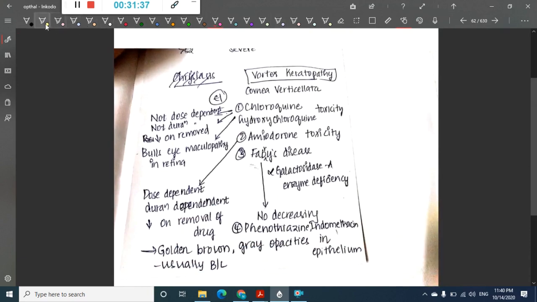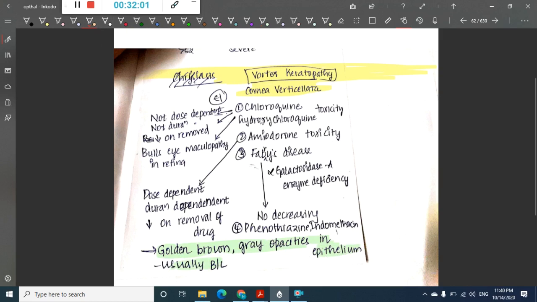Then the next disorder is vortex keratopathy, also called cornea verticillata. Here there are golden brown gray opacities seen in the epithelium, and it is usually bilateral.